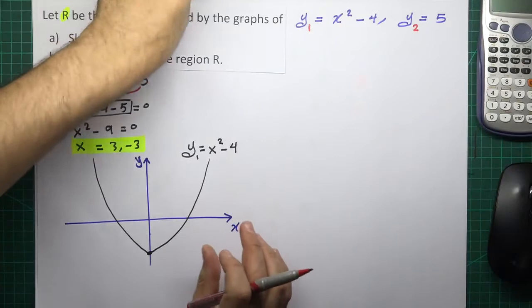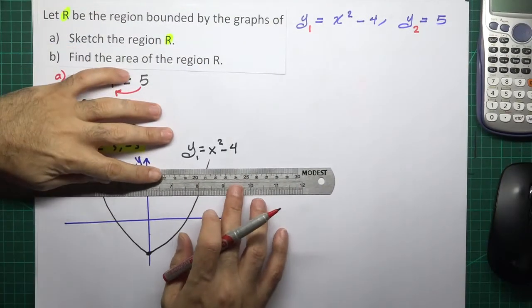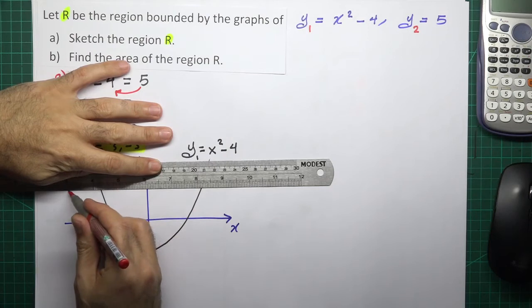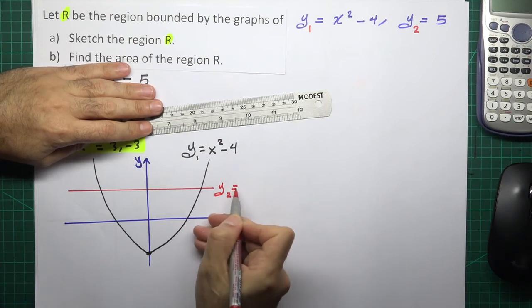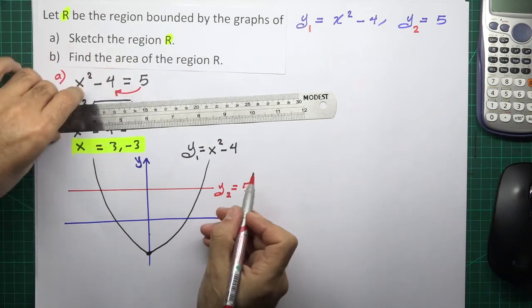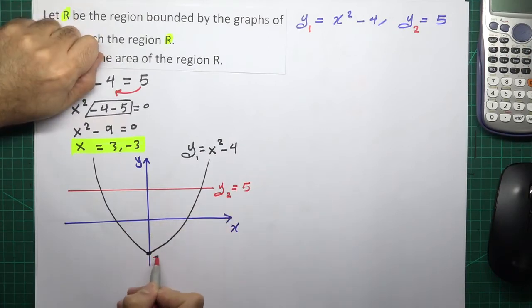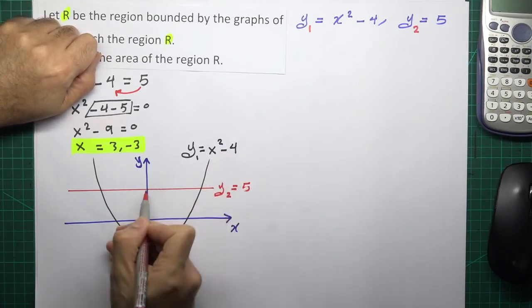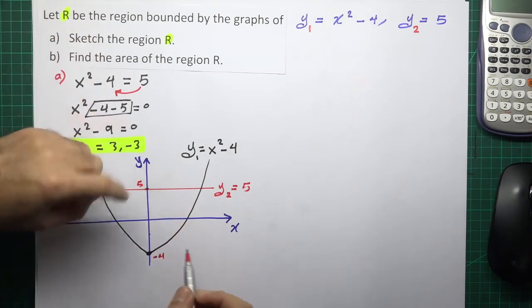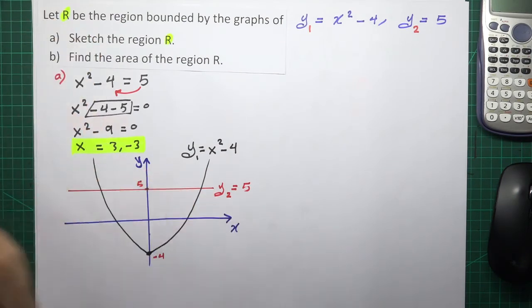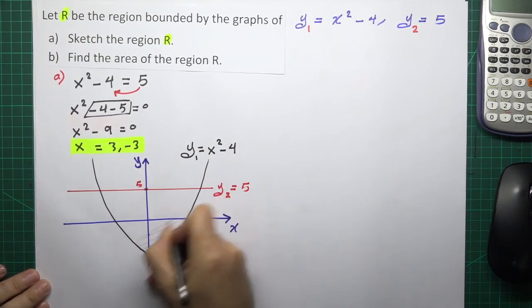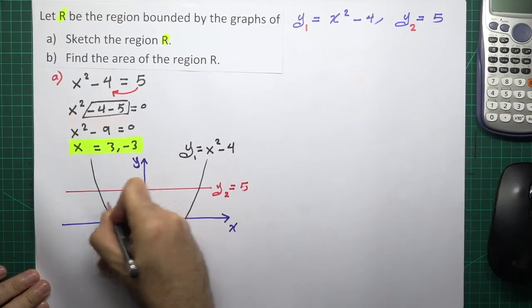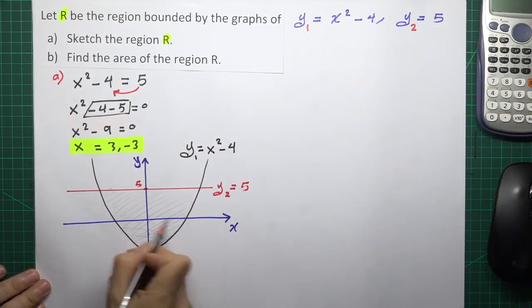So we need a straight line parallel to the x-axis, and this is y2 equals 5. Definitely here we have minus 4 on the y-axis because of this minus 4, and here 5. By the way, don't pay attention to this or this. And here students, the region between the curves, as you see, is a closed region.